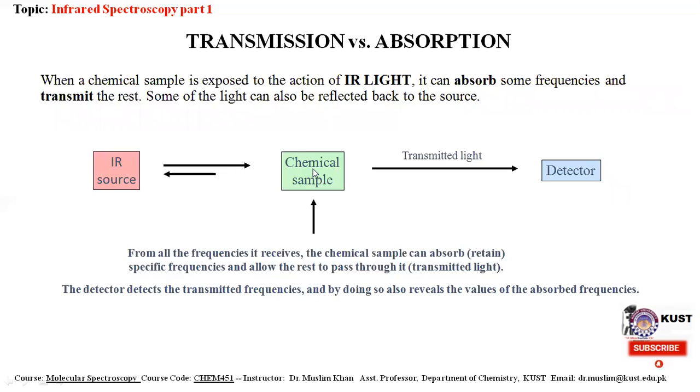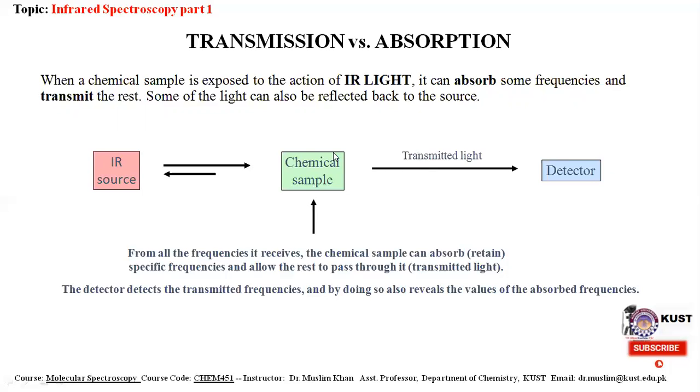Some of the light can also be reflected back to the source. From all the frequencies it receives, the chemical sample can absorb and retain specific frequencies and allow the rest to pass through as transmitted light. And the detector basically detects the transmitted light.